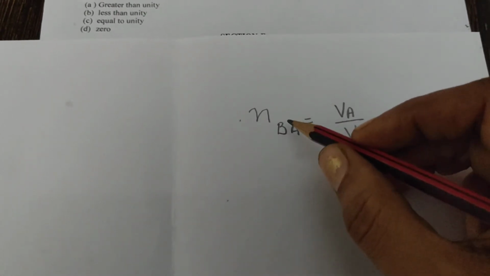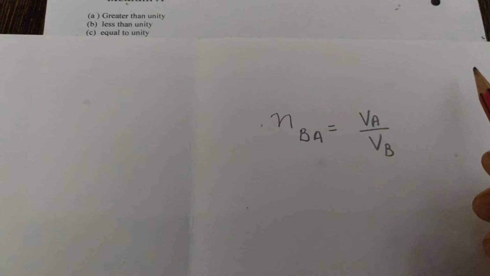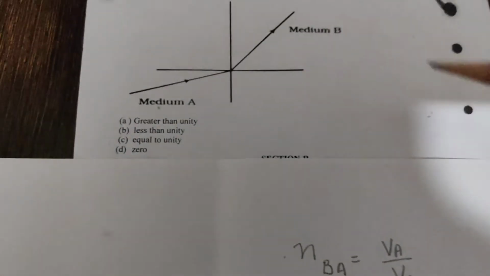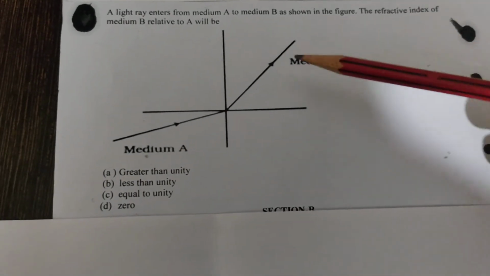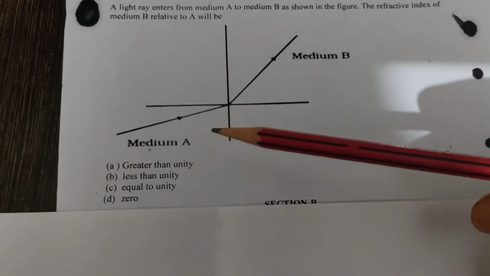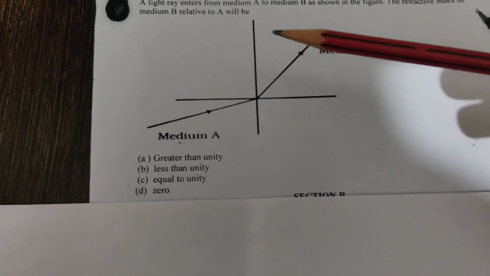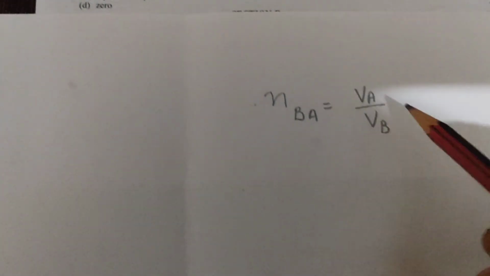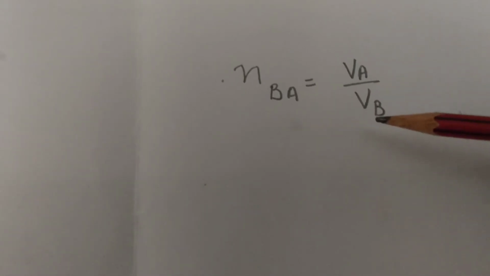So this is refractive index of B with respect to A. And as I have already told you, when we look at the diagram, medium A is rarer and medium B is optically denser, because the ray, when it enters from medium A into medium B, is bending towards the normal, which means that speed of light is more in medium A. It means when we look at this relation, VA is greater than VB.